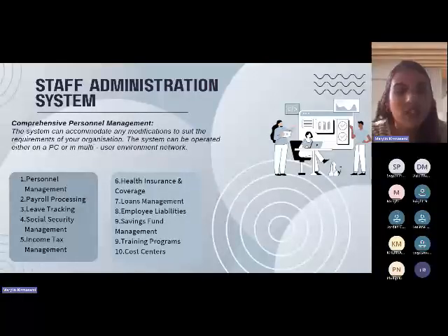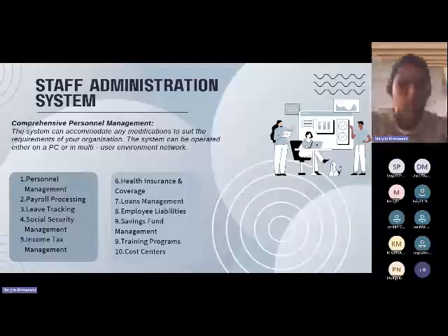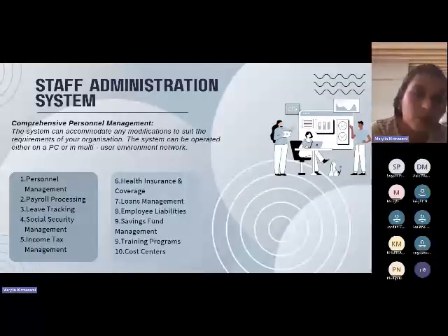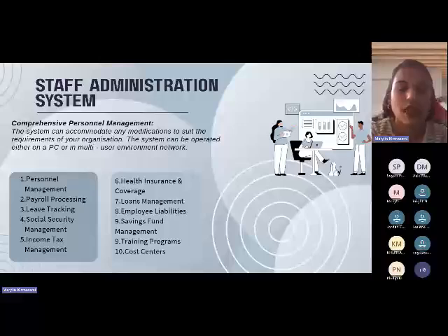It's a system that handles all aspects of managing your team, from hiring to payroll. It's designed to simplify staff-related processes whilst ensuring compliance with laws and internal policies. In South Africa, we have many laws that govern how we hire employees.